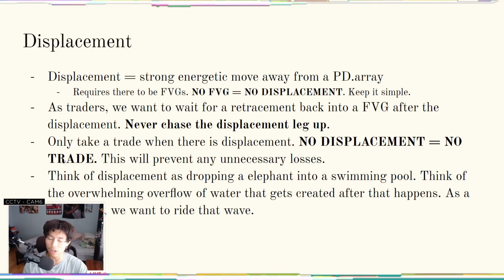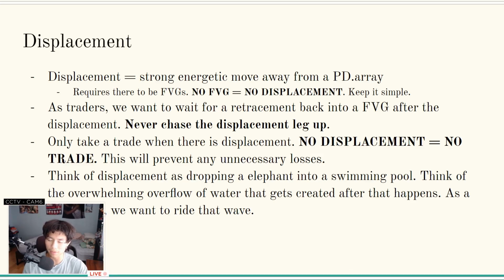Displacement should occur when price has tapped a key level, a certain PD array on the higher time frames, and we might see displacement on the lower time frames relative to that higher time frame. So let's say that we come into a 4-hour fair value gap. We could have displacement away from that 4-hour fair value gap on the 1-hour time frame, the 30-minute time frame, or the 15-minute time frame.